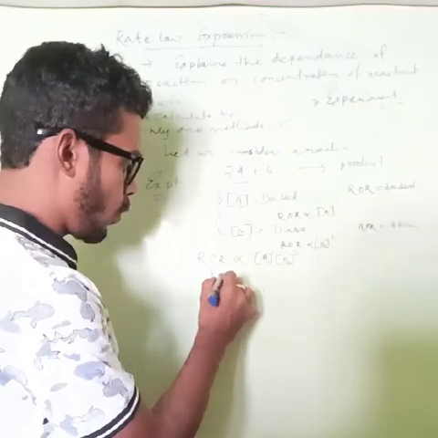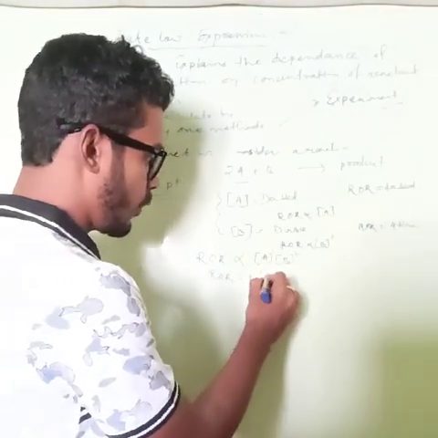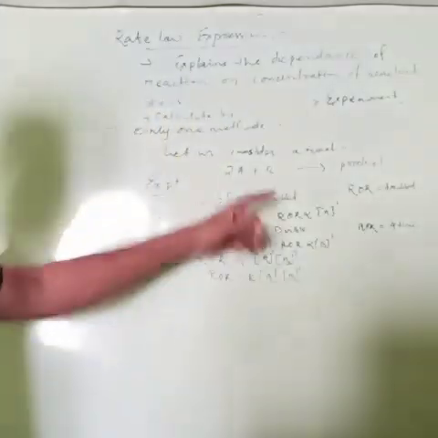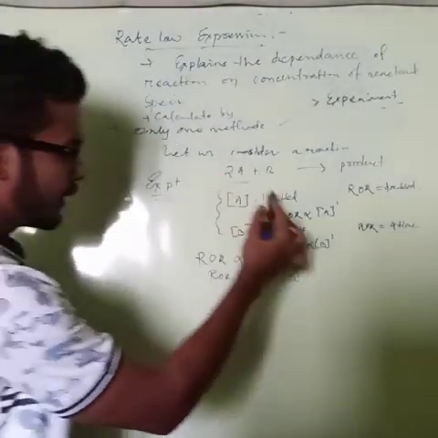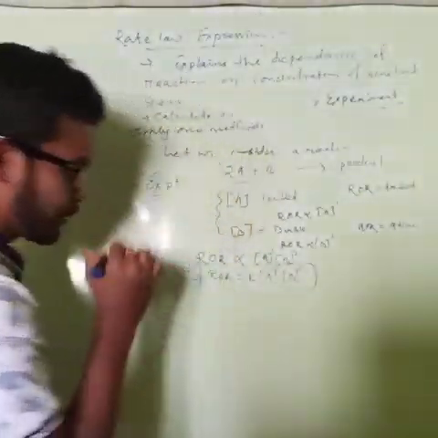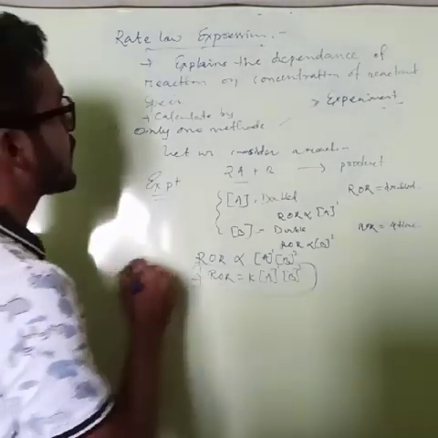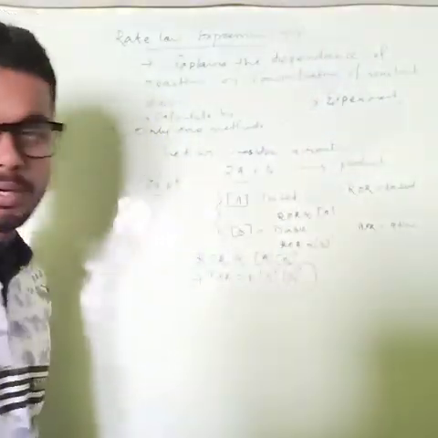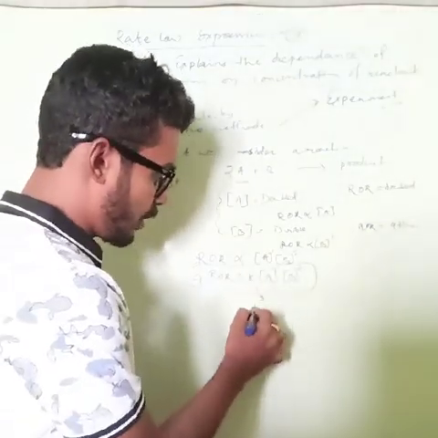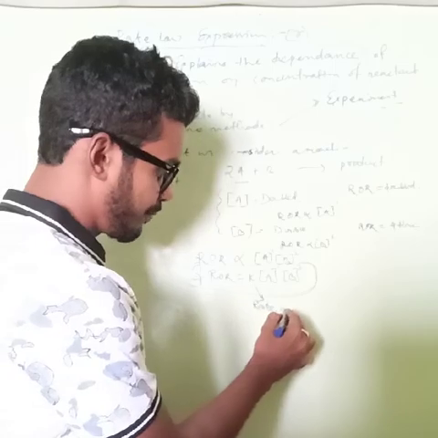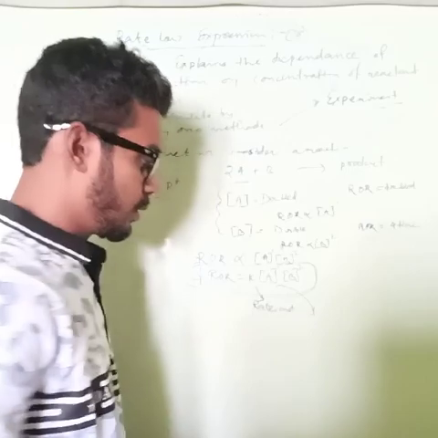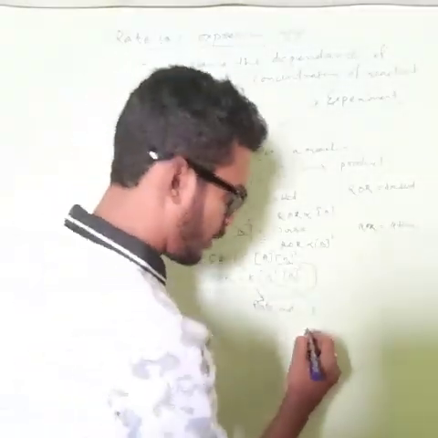Or ROR equals K into A to the power 1 and B to the power 2 for this equation. So experimentally he did this calculation, and this is the rate law expression. For the rate law expression, small r is written symbolically. So small r equals K. This is your rate constant.